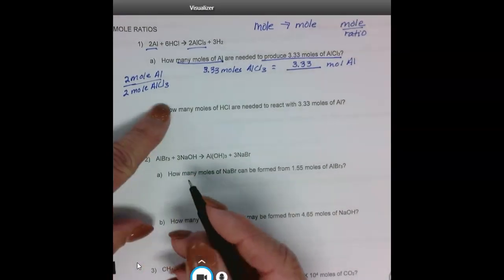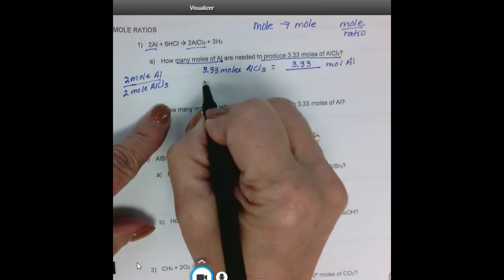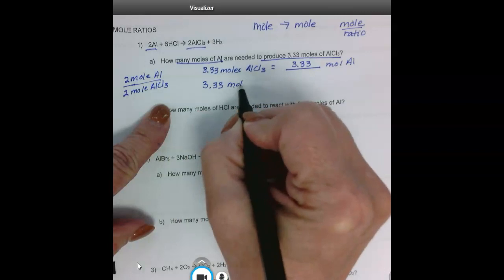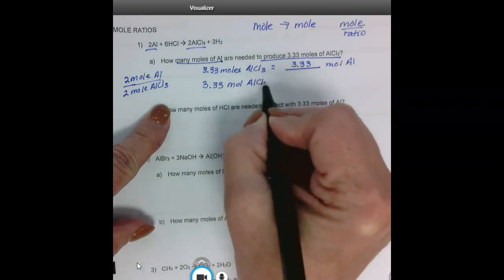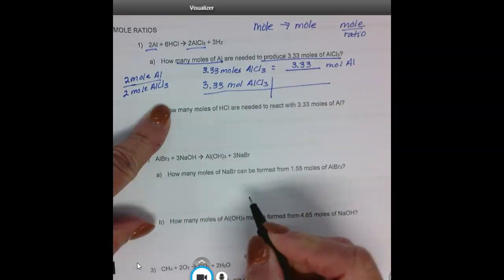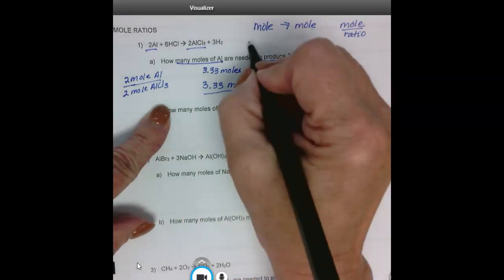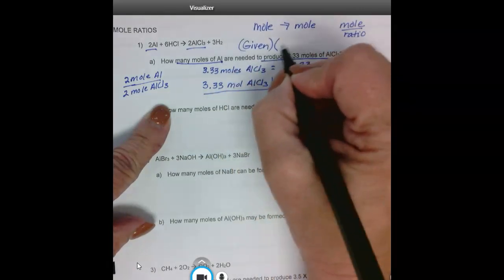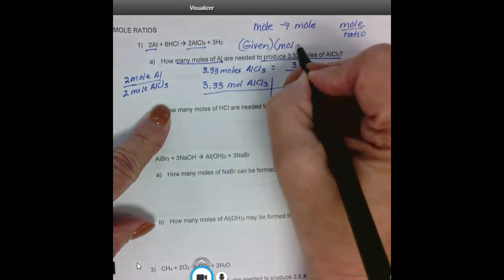So the first thing that we're going to do is we always write down what's given. Okay, so that's always going to be our first step. So I have moles of aluminum chloride. The second step is then to do our mole ratio.